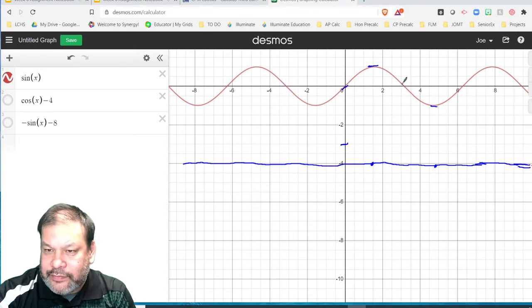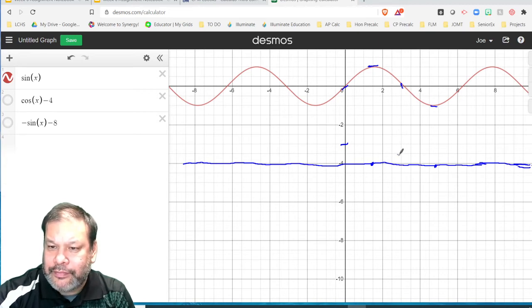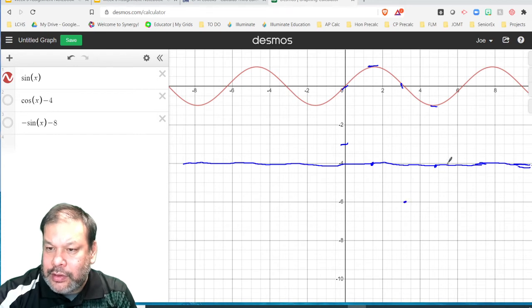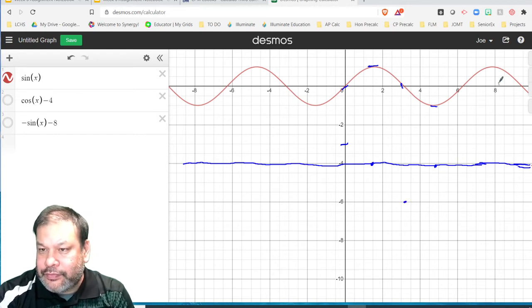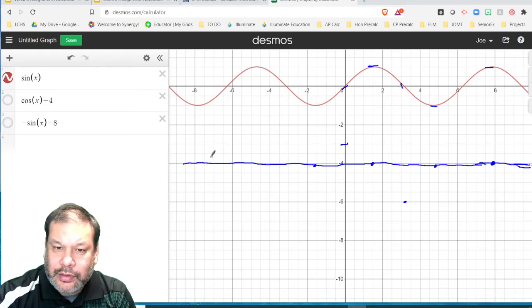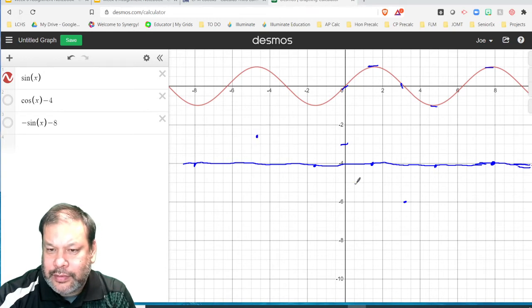So this point of inflection right here, where it changes from concave down to concave up, is where we expect the minimum to be. And then here again is where we expect it to level out at 0. And then everywhere there's a min and then a max is where we expect it to be.